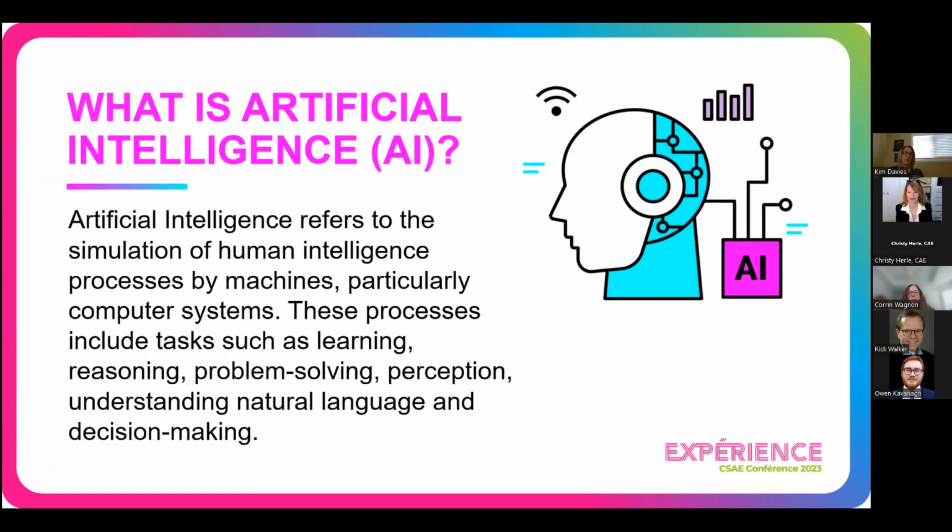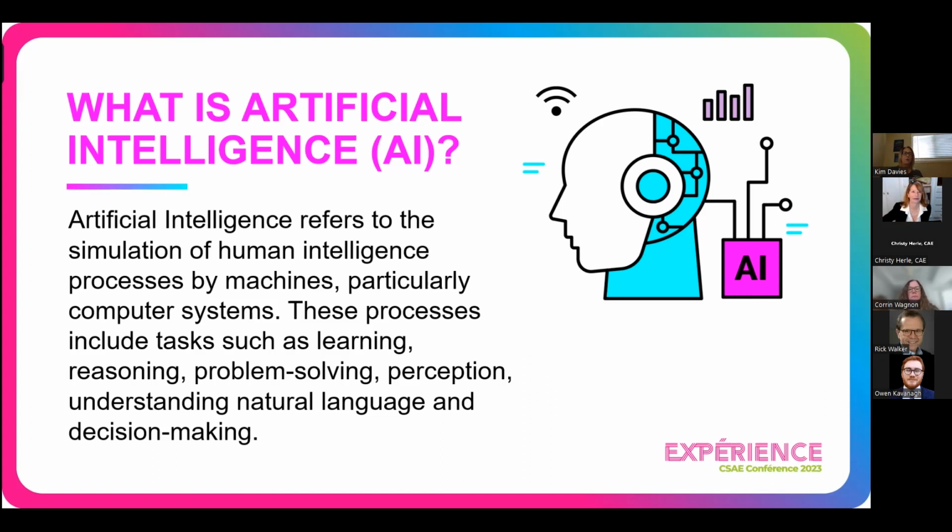So what is artificial intelligence? Good place to start. As I mentioned, it's been in existence for quite some time, and with the development of the computers in the 40s and 50s, the groundwork for AI was laid at that time. The term artificial intelligence was actually coined in 1956, and the early AI research took place over the next couple of decades. There was a bit of a down period, called an AI winter, in the 80s and 90s, and then a resurgence of AI came about in the early 2000s.